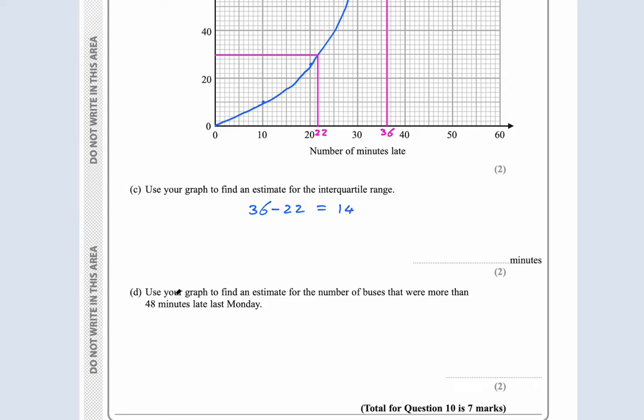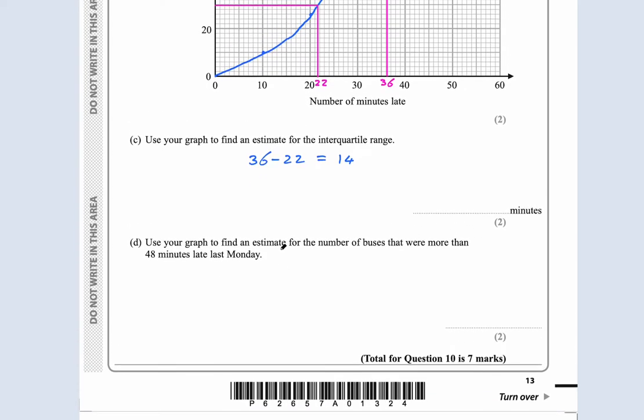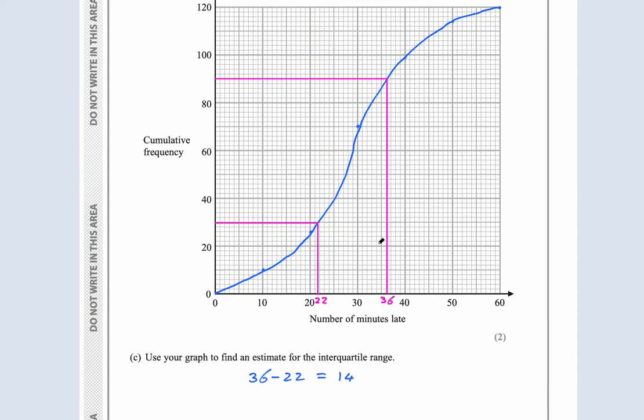Part D. Use your graph to find an estimate for the number of buses that were more than 48 minutes late. So now I go to 48, 45, 46, 47, 48 here. And I'm going to go up to this, and across to this.